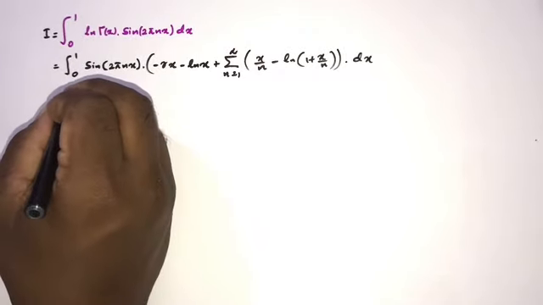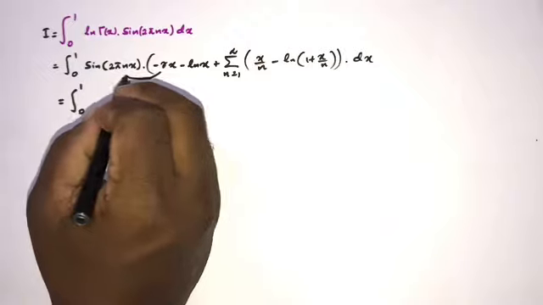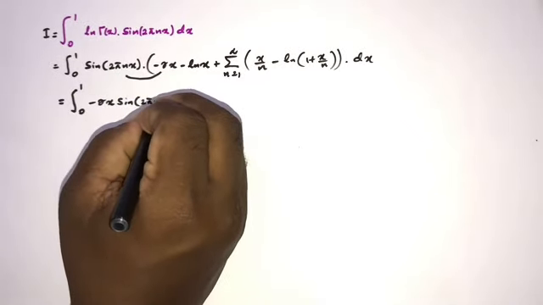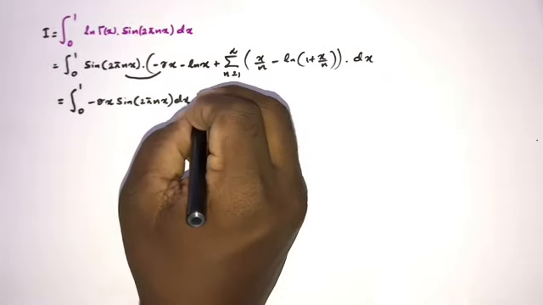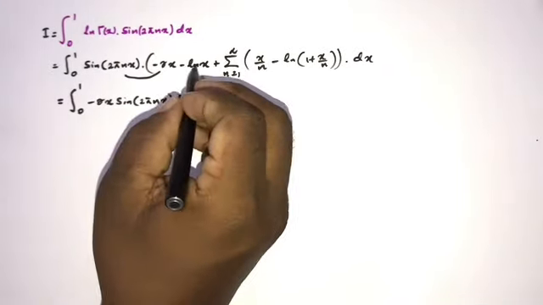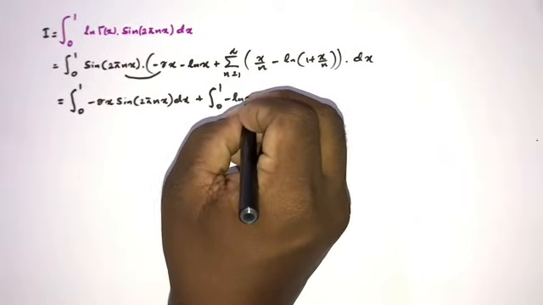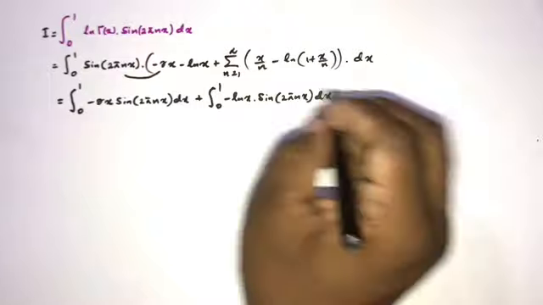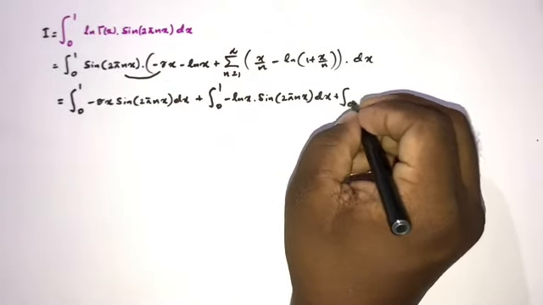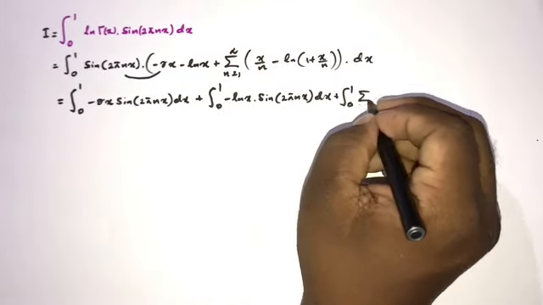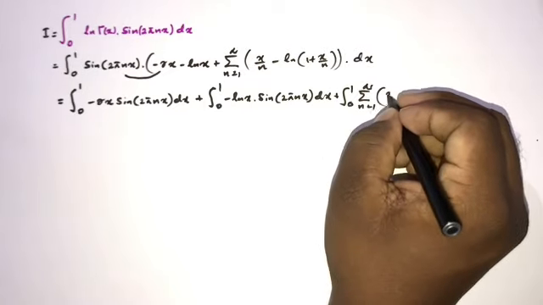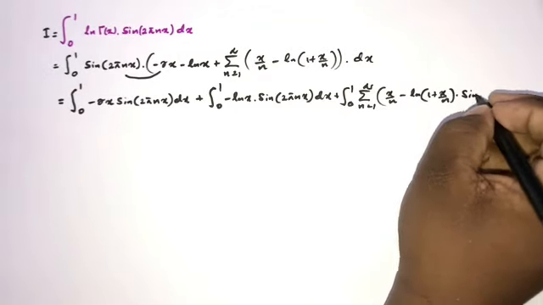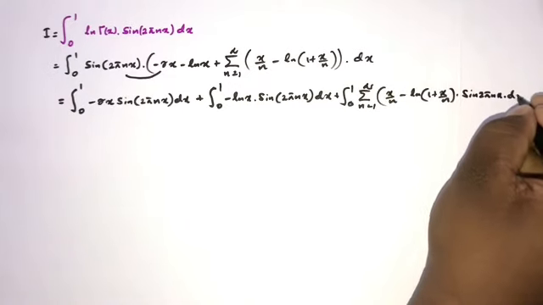So we can write the integral from 0 to 1 of minus gamma times x sine of 2 pi nx dx, then plus the integral from 0 to 1 of minus natural log of x times sine of 2 pi nx dx, then plus the integral from 0 to 1 of the sum n equals 1 to infinity of x over n minus natural log of 1 plus x over n, times sine of 2 pi nx dx.